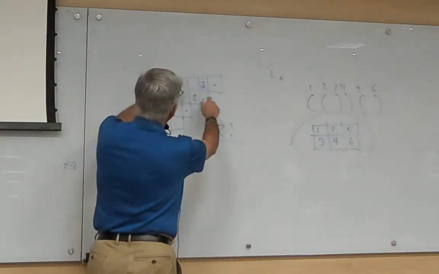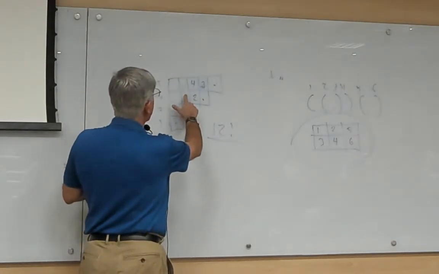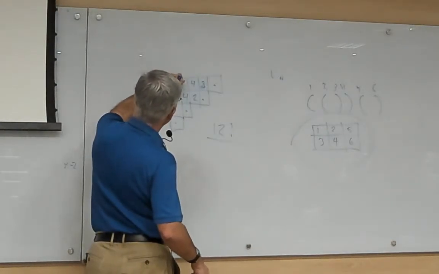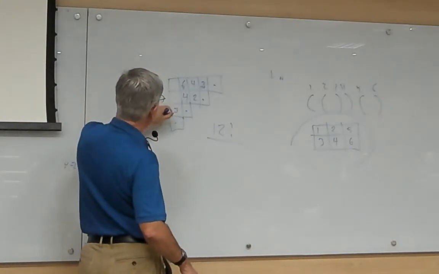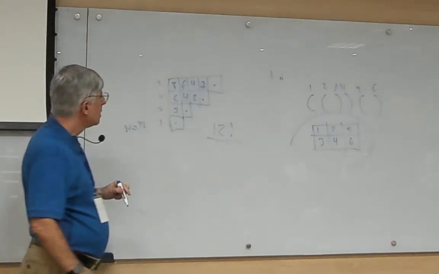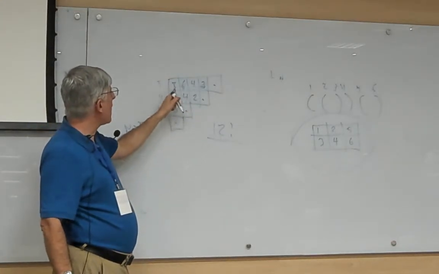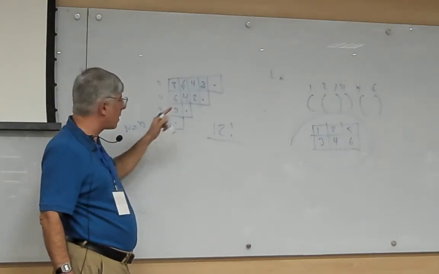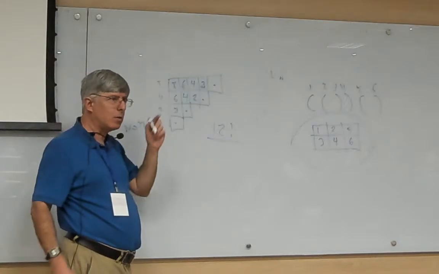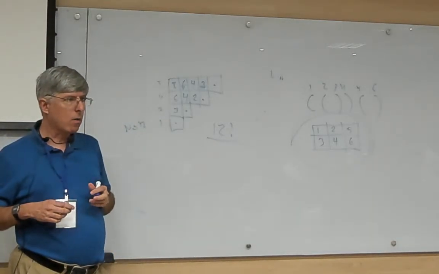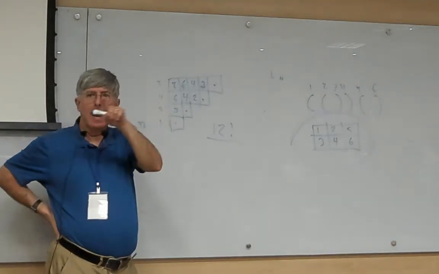This one, 4. This one, 4. This one, 6. This one, 3. This one, 6. This one, 8. I'll trust you. So 12 factorial divided by 8, by 6, by 4, by 3, by 6, by 4, by 2, by 3 is going to be how many of these tables we have. Any questions about that?